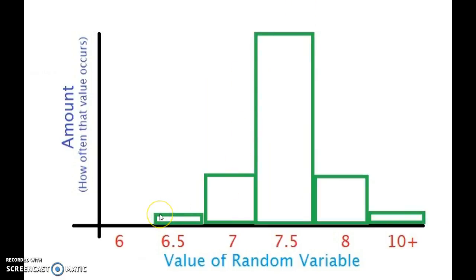This could be the amount of time someone spends sleeping each night. And maybe if you're really, really consistent with your sleep schedule, you would have a normal distribution for the amount of hours you spend sleeping. So again, your x-axis needs to be the different values that random variable could take on.